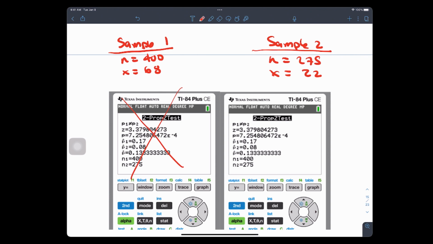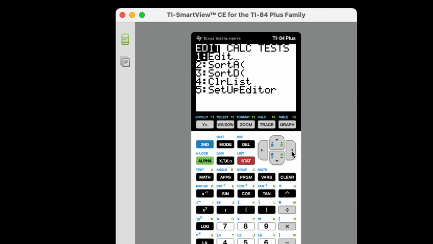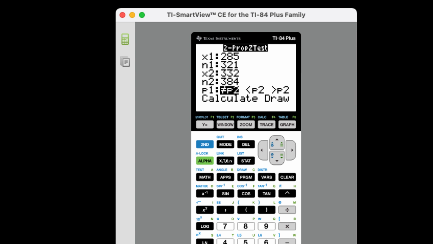Anyway, okay, let's enter this ourselves. Gosh, typo. Stat, test. Number 6, isn't it 2 proportion z-test? You guys okay with that? 2 proportion z-test. Now, all right, enter the data. How many successes for the old group? 68.